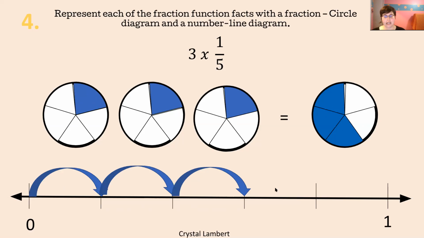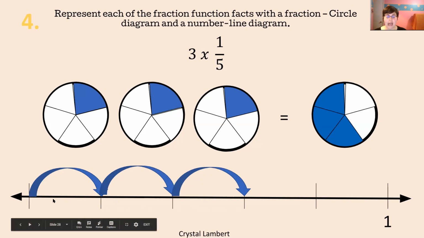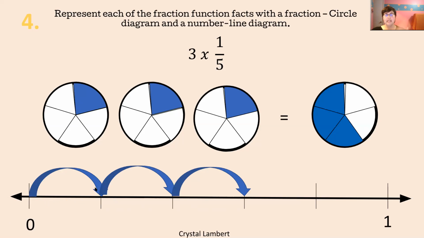And when we look at a number line, remember our number line, once again, I'm drilling that into your brain, that it's so important that the denominator is representing the number of equal parts that we've divided something. So we divided that number line by 5. The numerator tells us how many places forward we go.